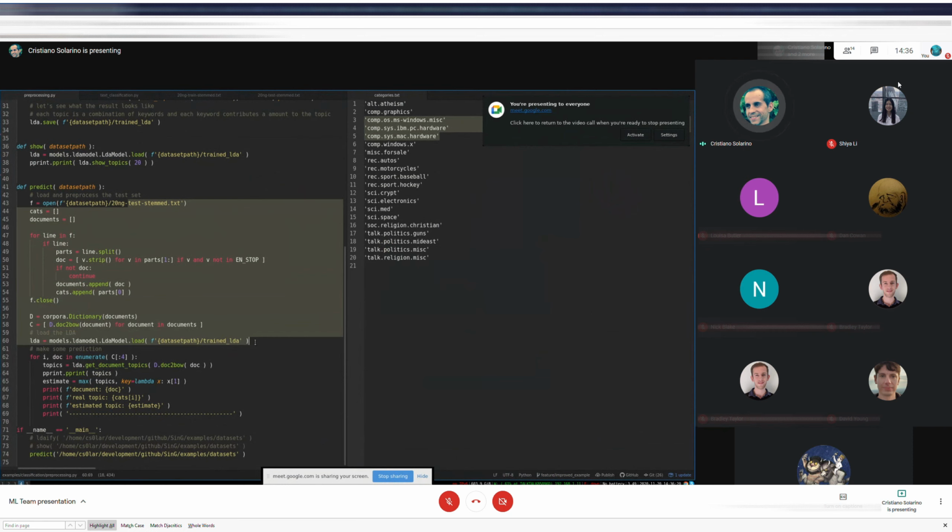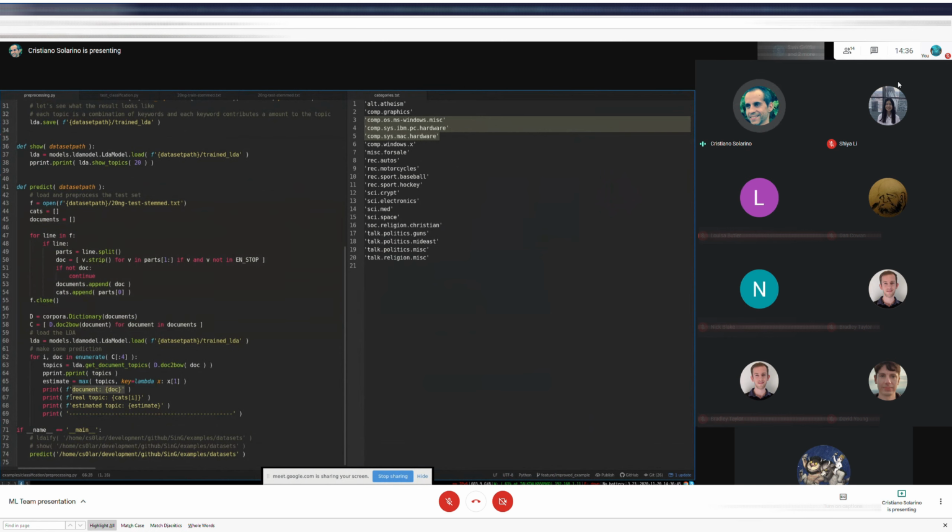We recall our models from disk, and then we pass the model each of the documents from the test set. What we print is the document, then the real topic of the document, and then the estimated topic of the document.